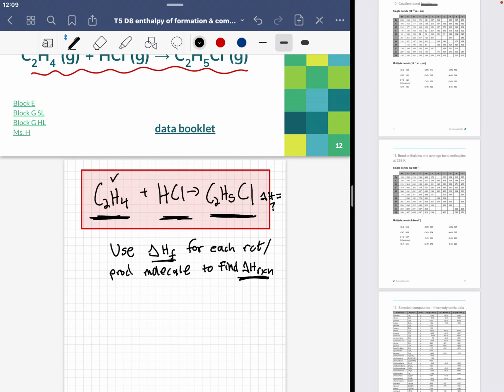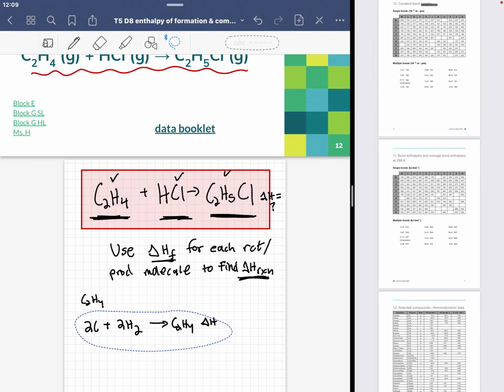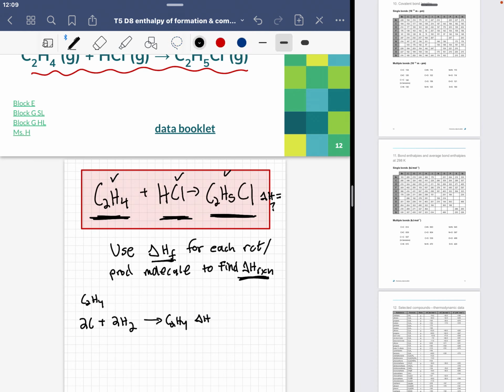So I'm going to look at each of my things. I have C2H4. What would the formation of C2H4 look like? Well, I would need 2 carbon atoms plus 2 hydrogens. Remember, hydrogen is diatomic, making C2H4. The delta H of that, I'm just going to look that up.